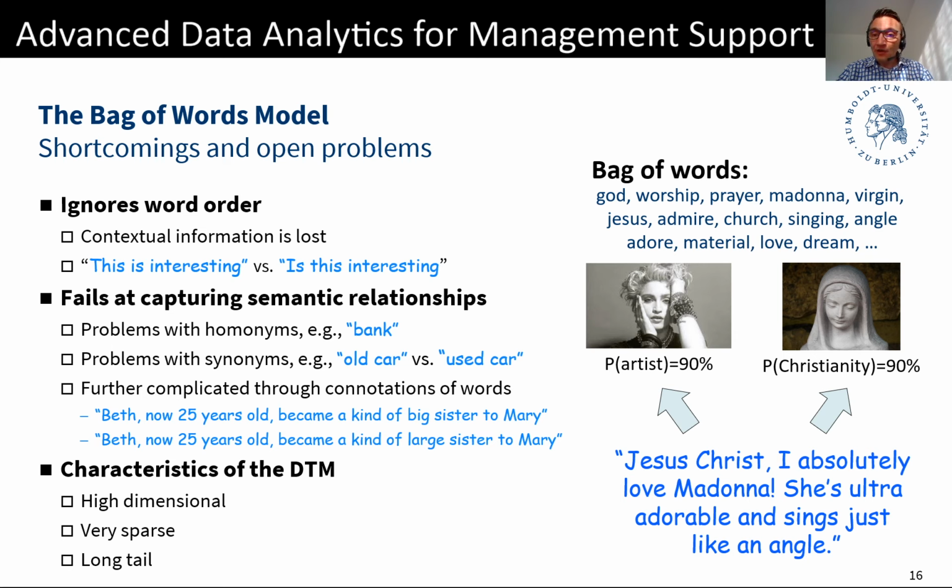And right, so word order is lost. And just spotting the occurrence of words, you also fail at capturing semantic relationships. Homonyms are a problem. The word bank can mean different things: the device you sit on or the financial institution, obviously, and you can't really take account of that.